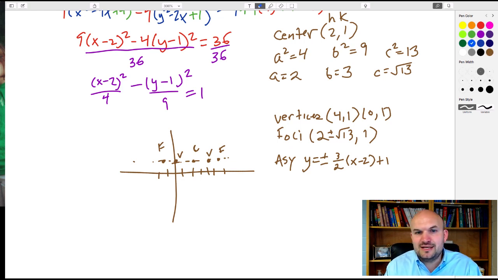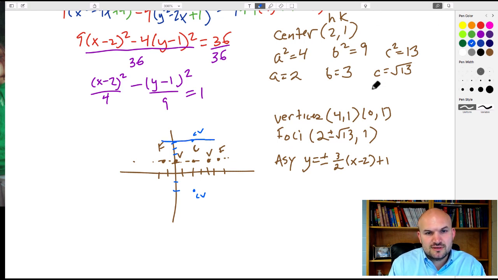So what I'm going to do again is find my co-vertices, which is up and down 3. So 1, 2, 3. There's one co-vertex, and then 1, 2, 3. There's my other co-vertex. So I'm going to use the values of my co-vertices to draw a horizontal line, right here.